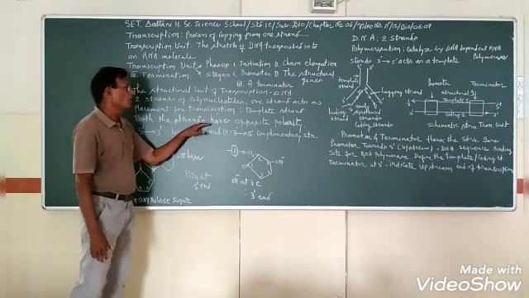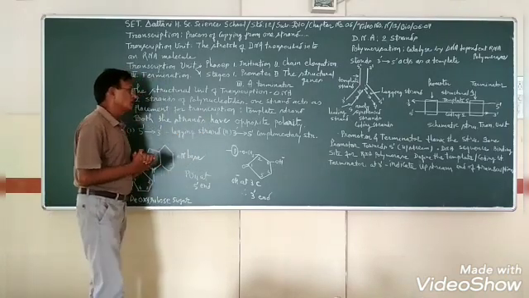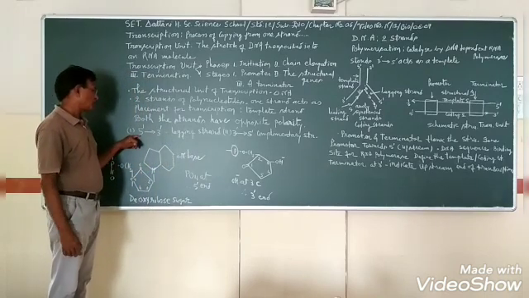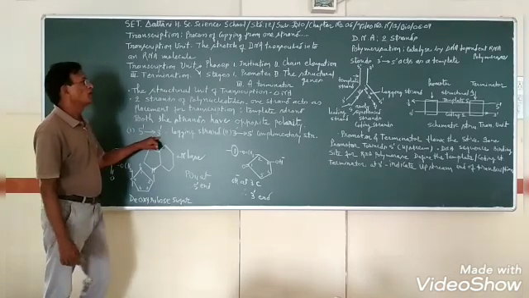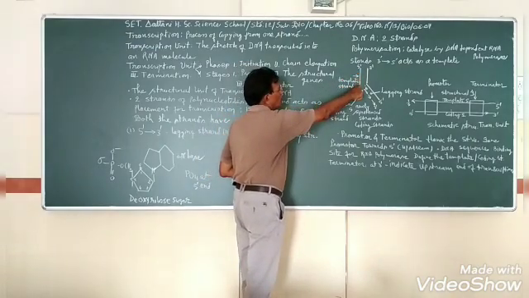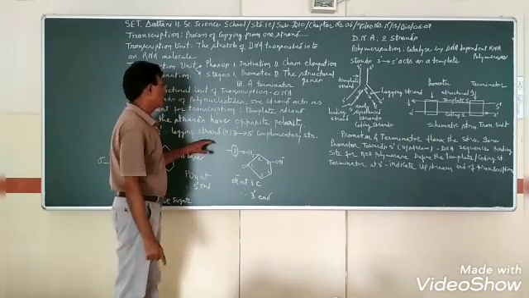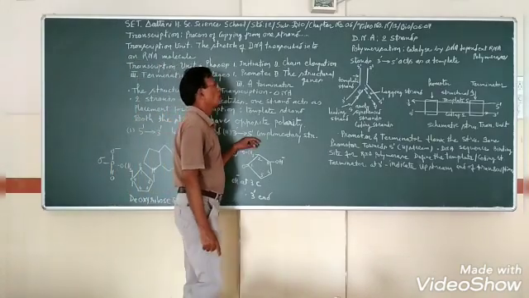Both the strands have opposite polarity. Polarity can be counted in prime. So as you see, this is 5 prime to 3 prime. That is the polarity, and the other one is 3 prime to 5 prime.